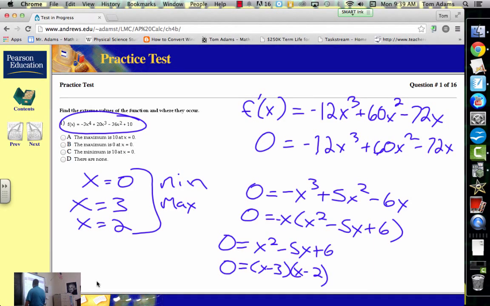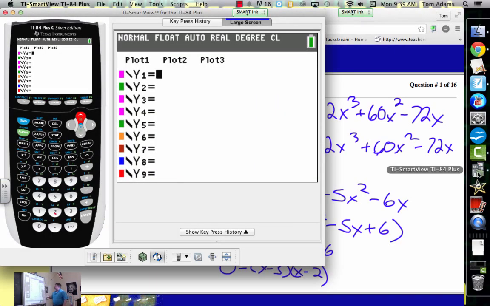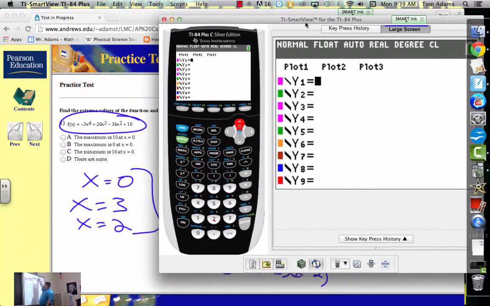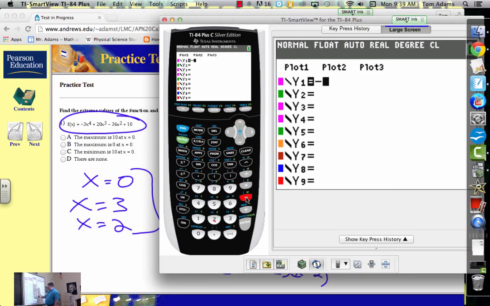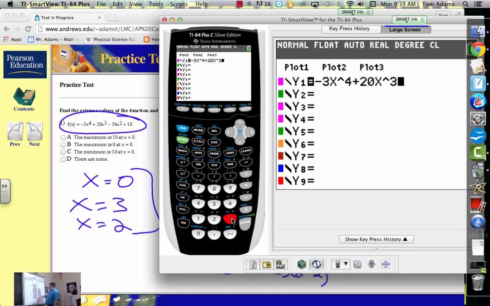The function was negative 3x to the 4th plus 20x cubed minus 36x squared plus 10.